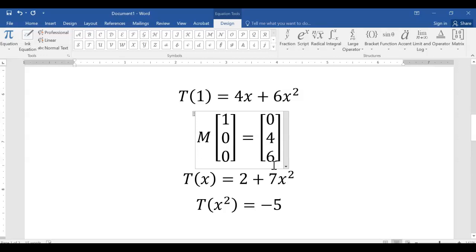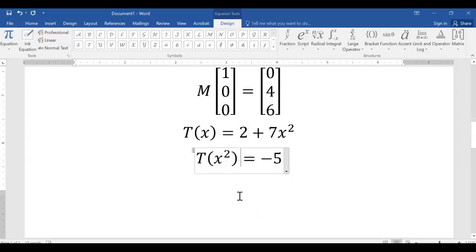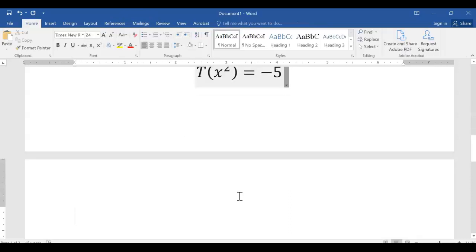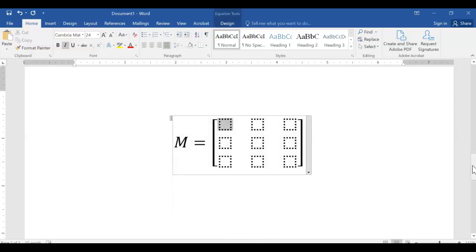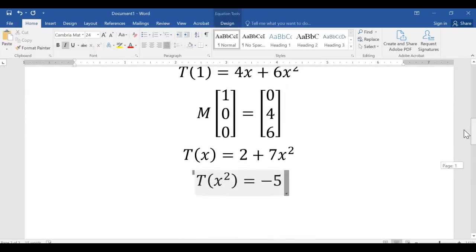Okay? And in a similar way, we're going to do the same thing with x. We're going to get 0, 1, 0 goes to 2, 0, 7. And then similarly x squared is 0, 0, 1, which would be equal to negative 5, 0, 0. So what that means for my matrix M, my matrix for T relative to the basis B, is the first column is going to be 0, 4, 6.